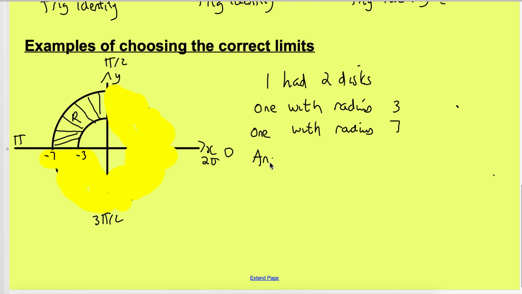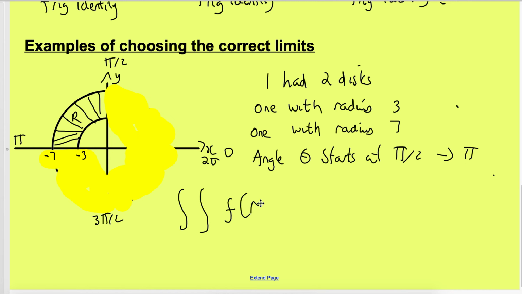So my angle theta starts at pi by 2 and goes to pi. I would write out my double integral. And remember, I'm going to polar coordinates, so it becomes r cos theta, r sin theta.